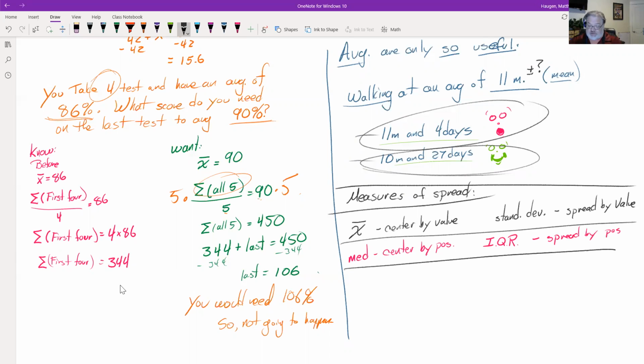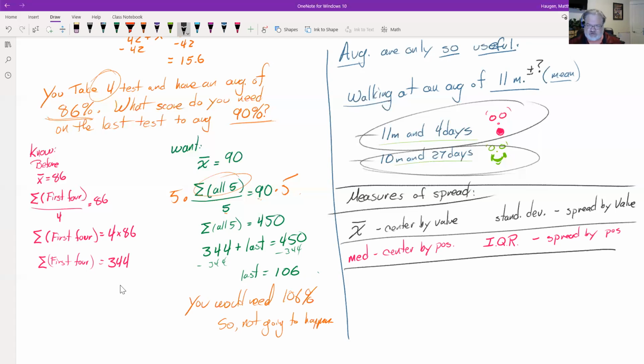So one of the reasons I'm going through this way is I want you to associate these. When we talk about mean, we will pair mean up with standard deviation because they talk about center and spread by value. When we talk about median, the median will be associated with the interquartile range.